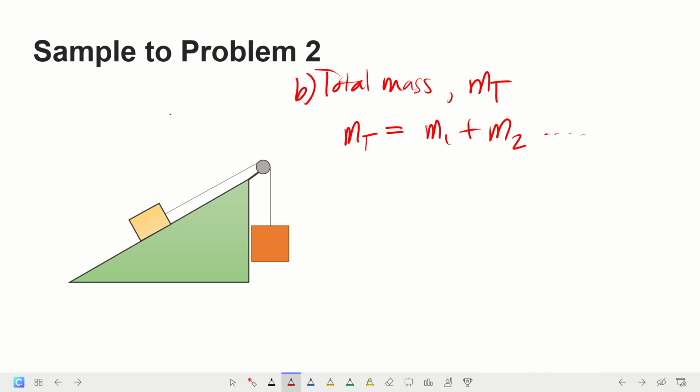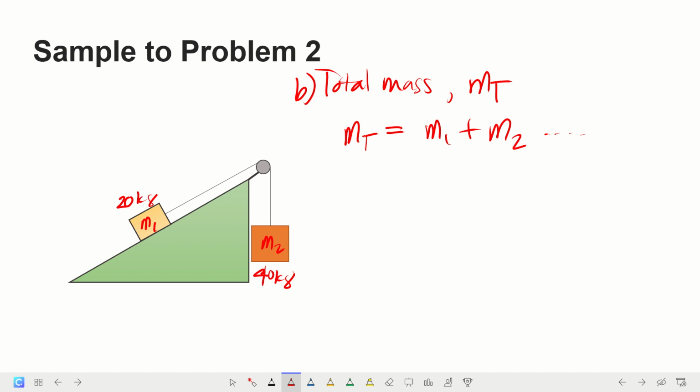But in this situation, we only have two masses, mass 1 and mass 2, where mass 1 is equal to 20 kilograms and mass 2 is equal to 40 kilograms. We consider the pulley and the cable to be massless.